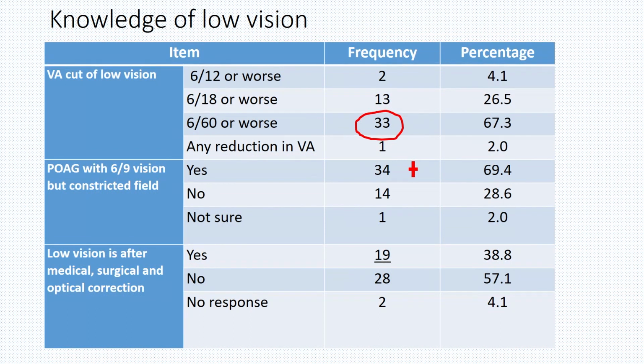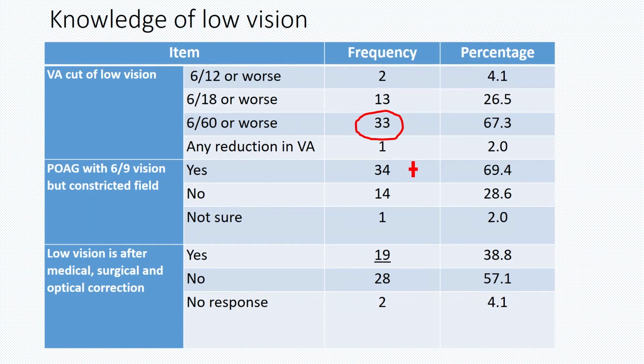We found that nearly 70% or more do not know that cutoff point for low vision. What that means is that patients are wrongly diagnosed as having low vision. If you present, for example, with 6/12, those people will be referred for low vision service, whereas they actually do not have low vision.